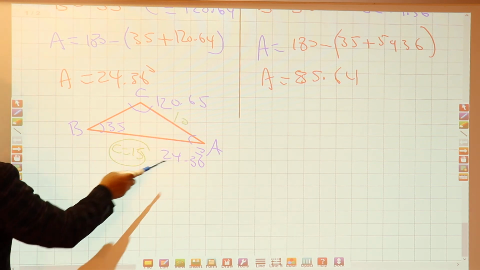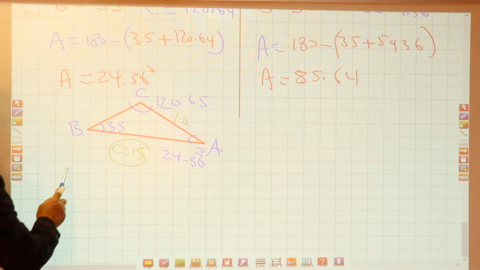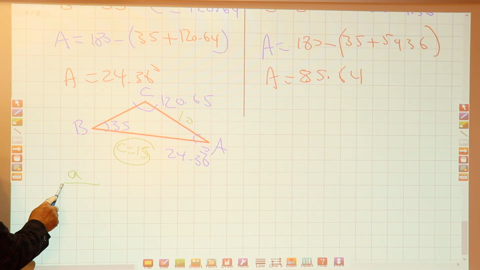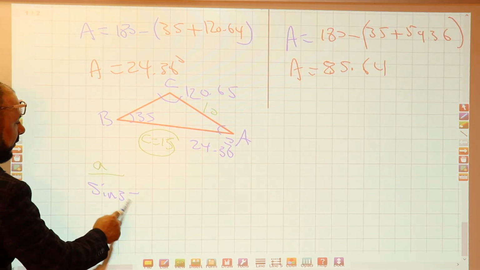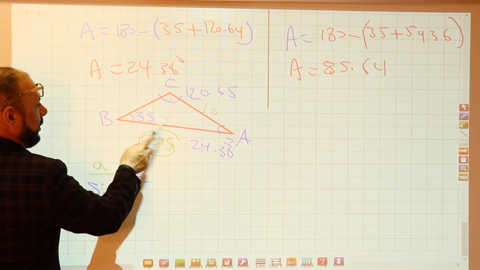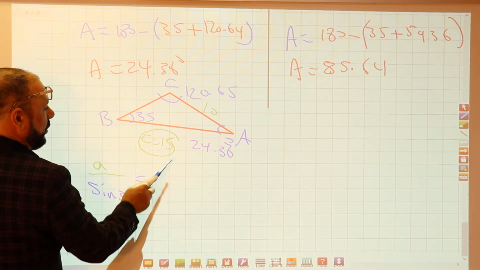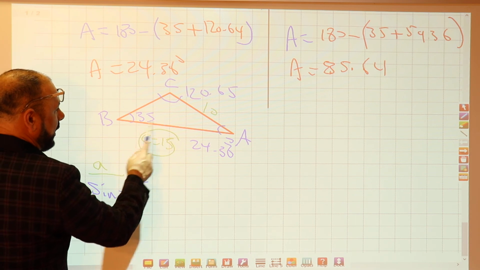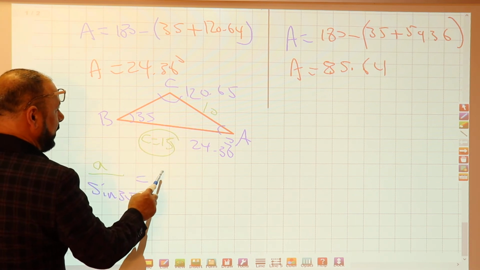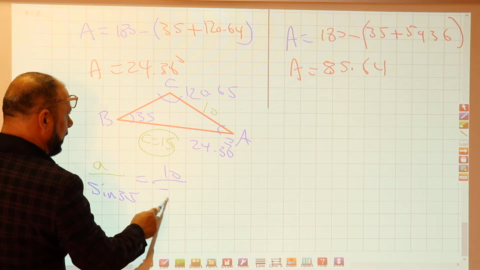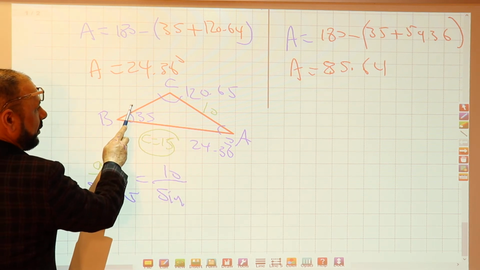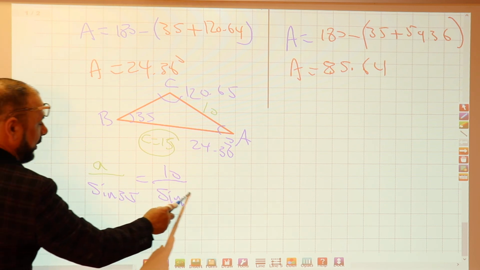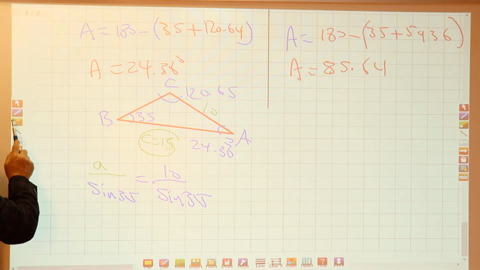And this side we can find it easily, which is A over sine 24.38 equals B over sine 35, or 10 over sine 35.